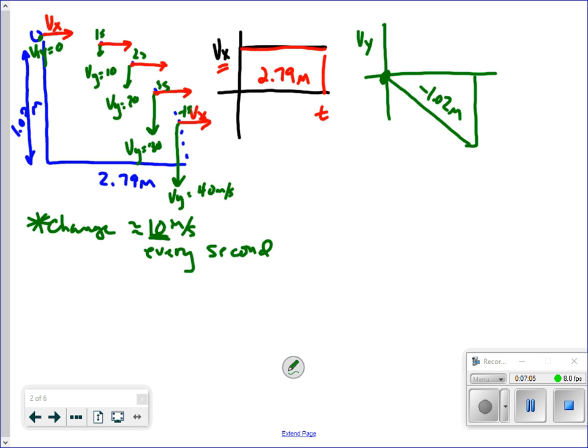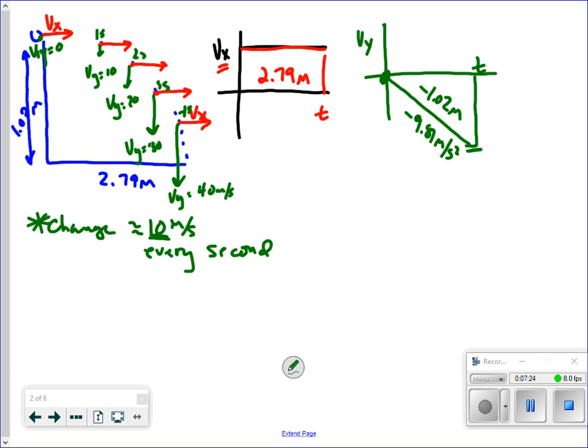The area under that curve, and notice I made it negative because it's in the fourth quadrant. Here is my slope. It's gravity over here. Again, we're going to look for time. We could find the final velocity in the y direction here, but it's not necessary to solve this particular problem.